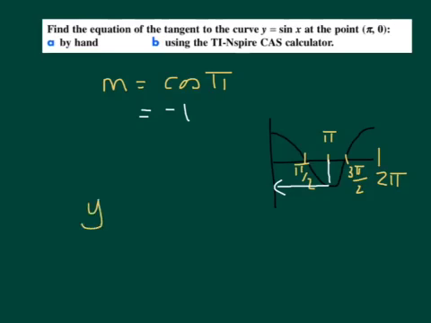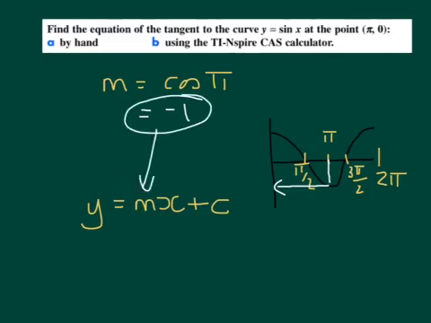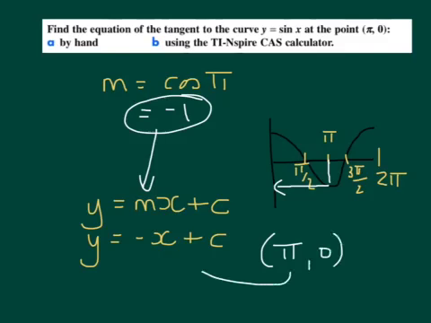We look at the general form of a straight line graph, y equals mx plus c. We have just discovered that the gradient is -1, so when we substitute we get y equals -x plus c. We know that the point (pi, 0) falls on the line, so we substitute this point into our equation to solve for c.